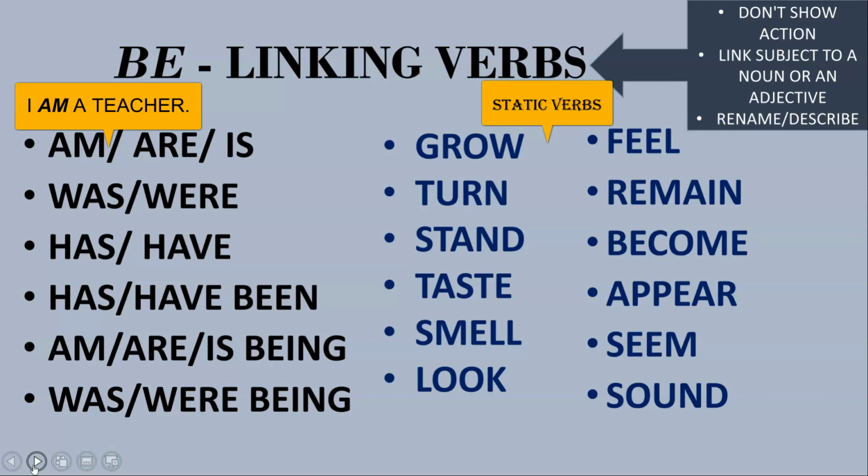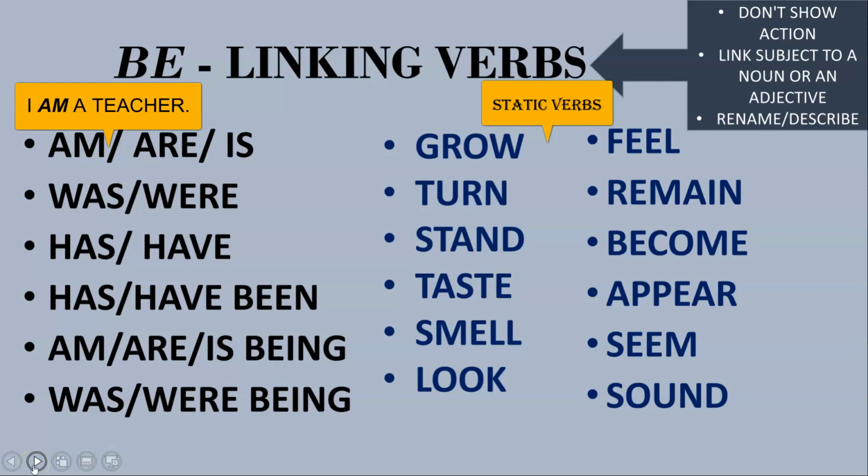So these verbs can be followed by an adjective. For example, this tastes delicious, okay? Or you look great, or I feel excited. So for now, try to keep these verbs in mind as linking verbs and verbs that can rename or describe certain things. And later on, you can go back and try to memorize them as well.